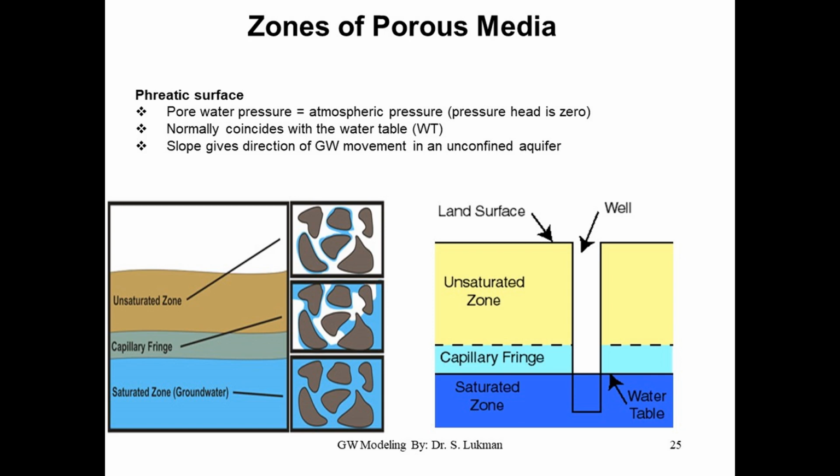So it is not constant, but it is certainly more than the atmospheric pressure. Is that clear? But when you move up, it is negative because it is under suction, under tension. Okay? All right.